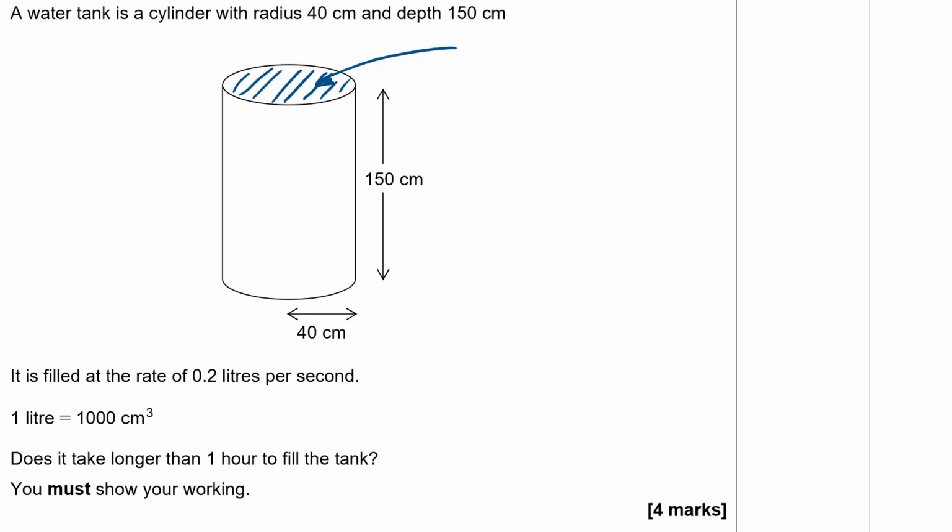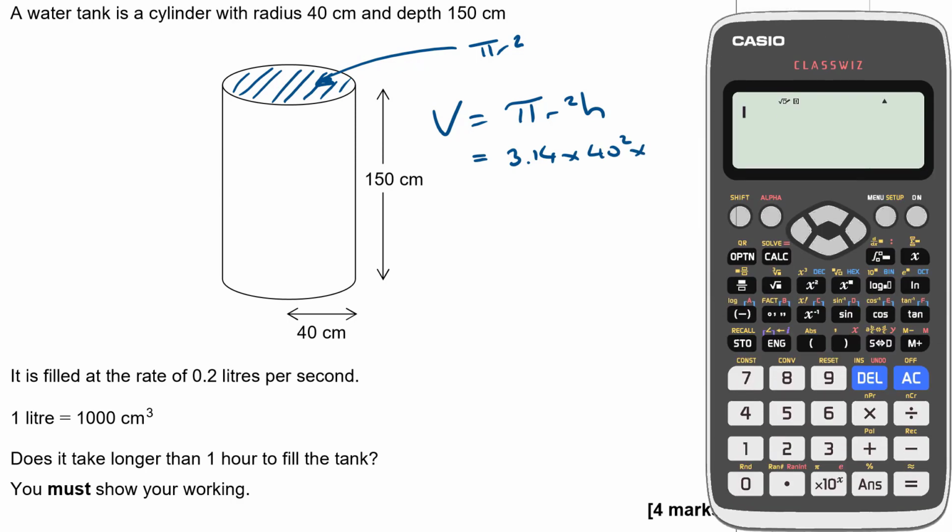So the volume of this cylinder is going to be pi r squared h. I'll leave the pi in for now. Do I want to leave the pi in? No, let's put it in. 3.14 times 40 squared times 150. So what's that?